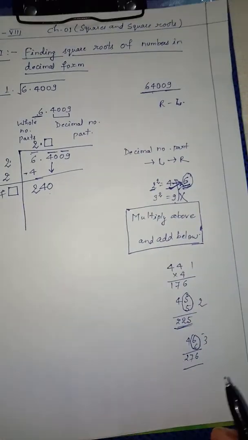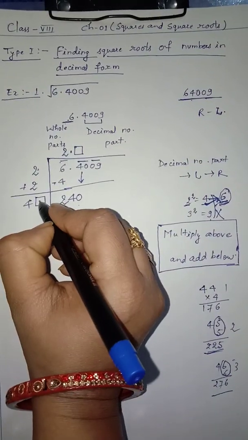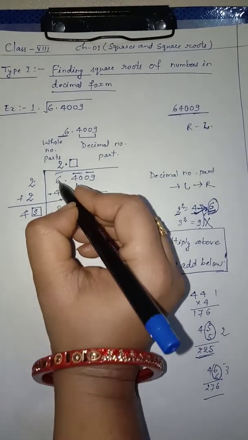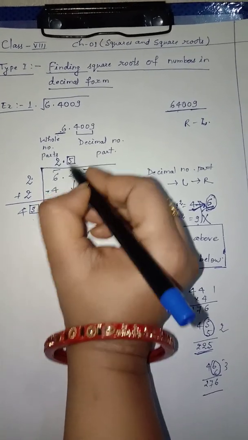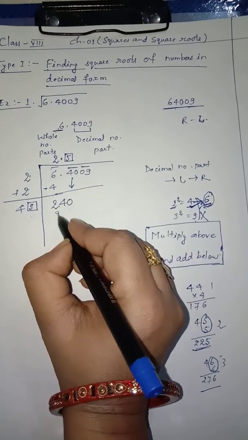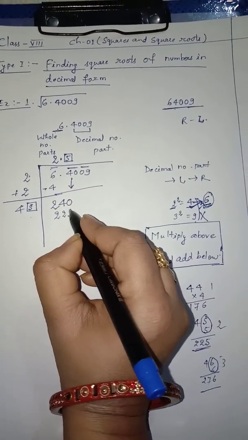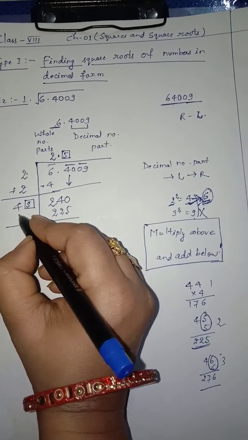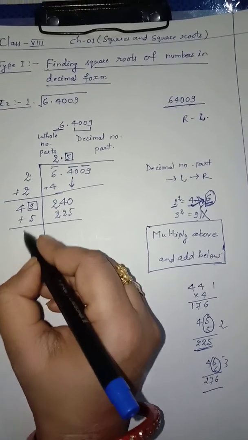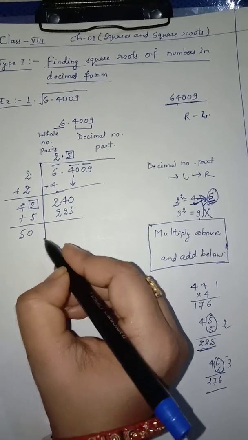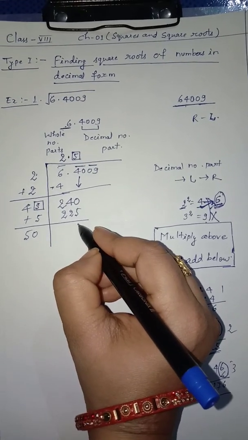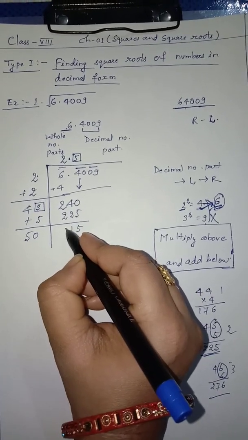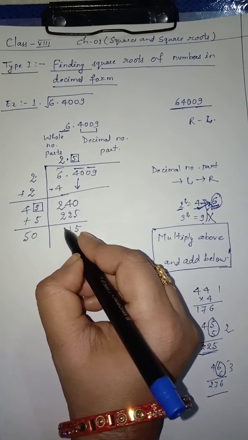Here 5 is the appropriate digit. So 45, and here 5. 45 times 5 is 225. Now multiply above and add below the same number. Then 45 plus 5 is 50. 240 minus 225 is 15.